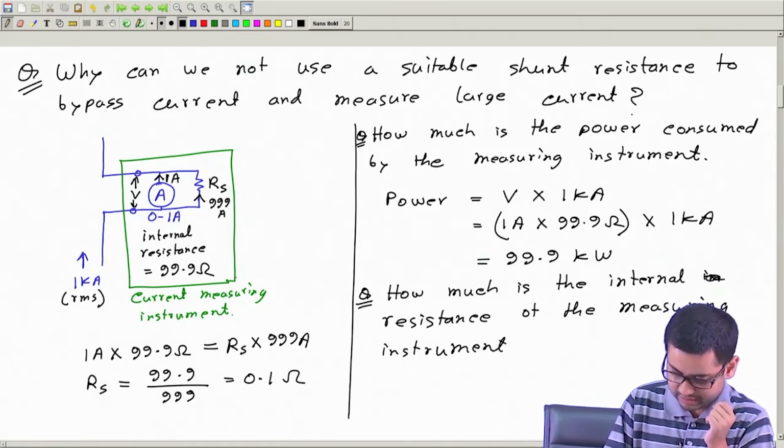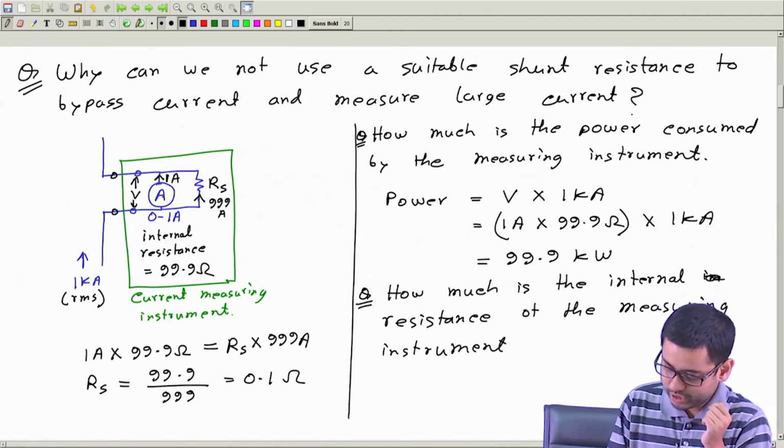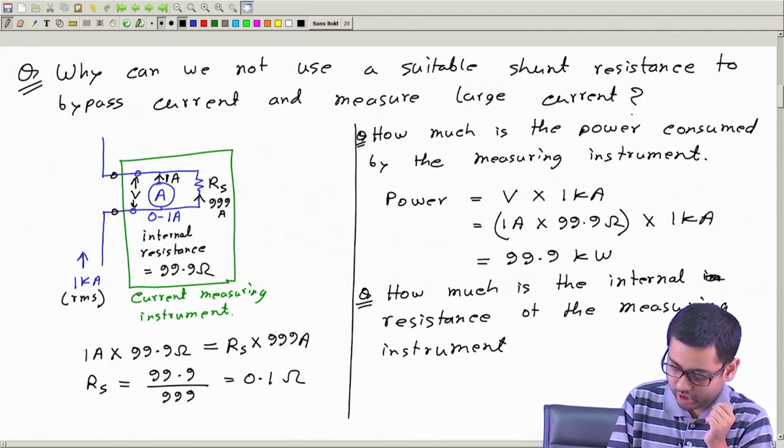That means this thing together, this ammeter and the shunt resistance. What is the internal resistance of this combined thing? So this is nothing but the parallel combination of RS and this meter resistance.